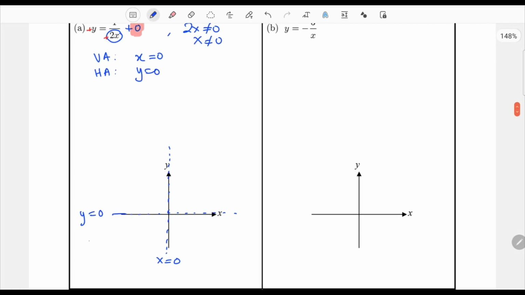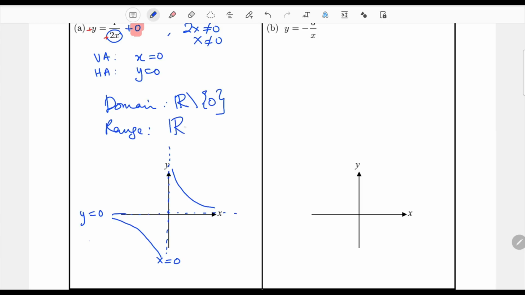So the x is positive, the y is also positive, so it should be a positive graph. Right? So the domain will be real numbers except 0. So range will be real numbers except 0 also. So this is one way of writing the domain and the range.